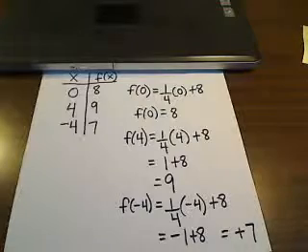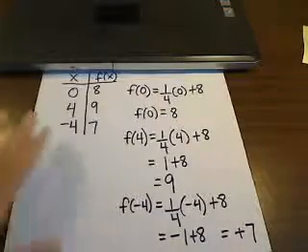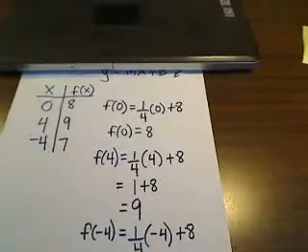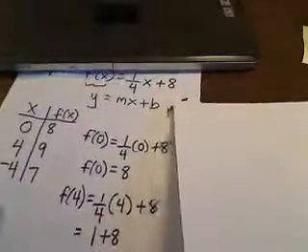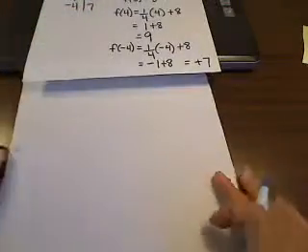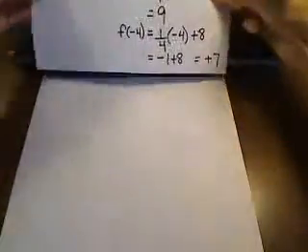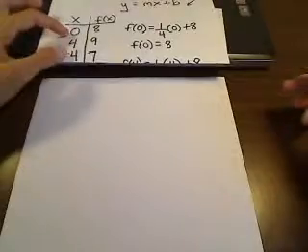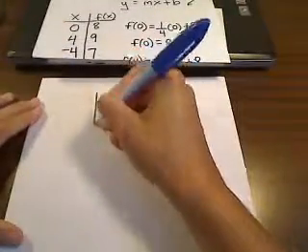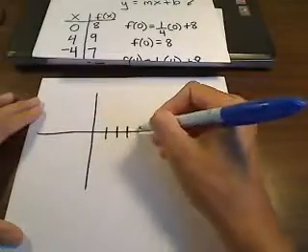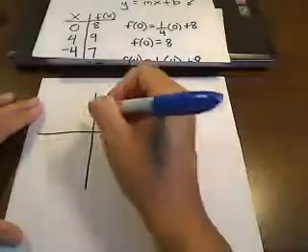So what we want to do then is plot the line. Here are the points that we're trying to plot. I don't have any grid paper here, so I'm just going to use some hash marks. You'll get the idea, I think.